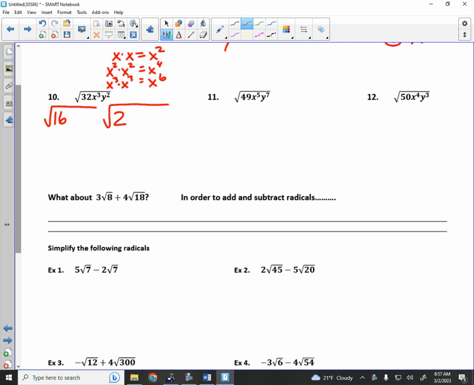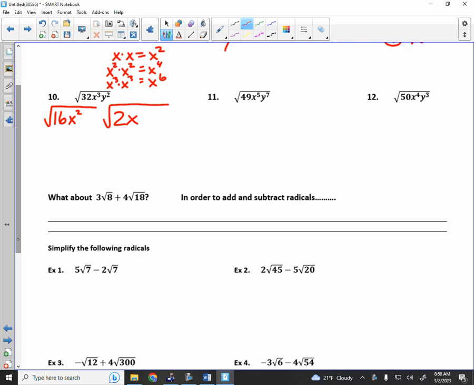So since x cubed doesn't work, I reduce it to x squared. That is a perfect square. So it needs to multiply to x cubed. So if I have an x squared here, what should I have over here? Just x.